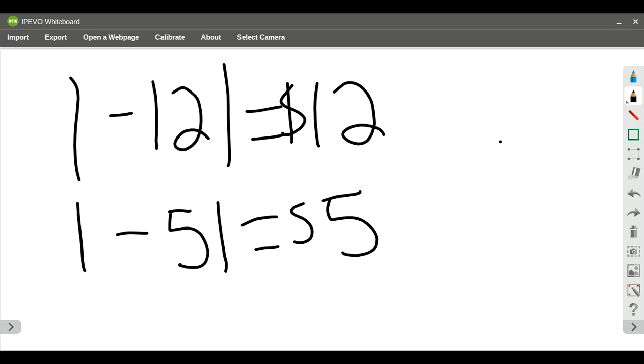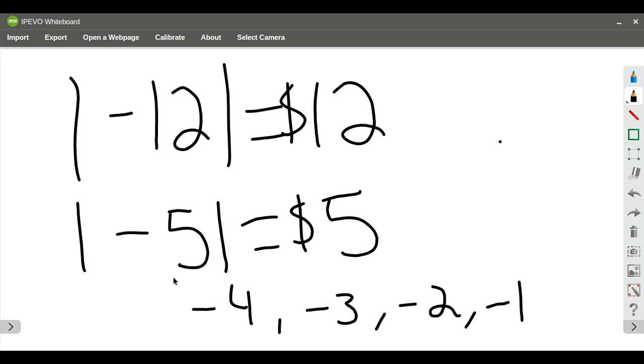So my value that I could have a debt of negative 4, I could have a debt of negative 3, I could have a debt of negative 2, or I could have a debt of negative 1. Either one of those options would fill the requirement of having a debt less than that of negative 12 and also less than that of negative 5.